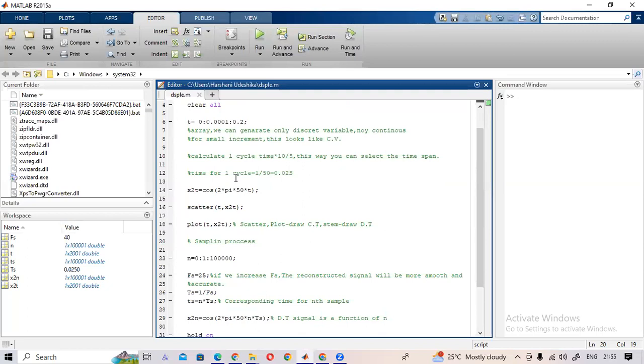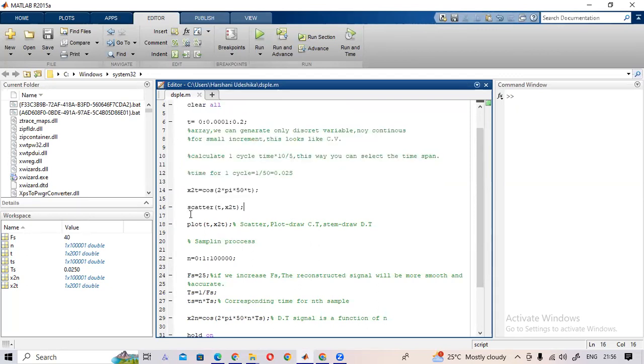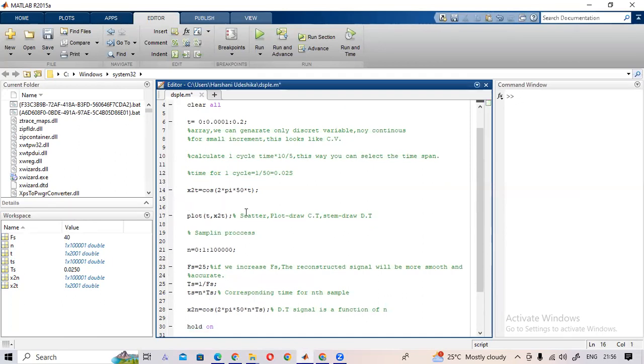For example, when you are drawing a continuous time signal, actually we need not use the scatter command. If you use the scatter command, you can see only the corresponding y value, the calculated point value.